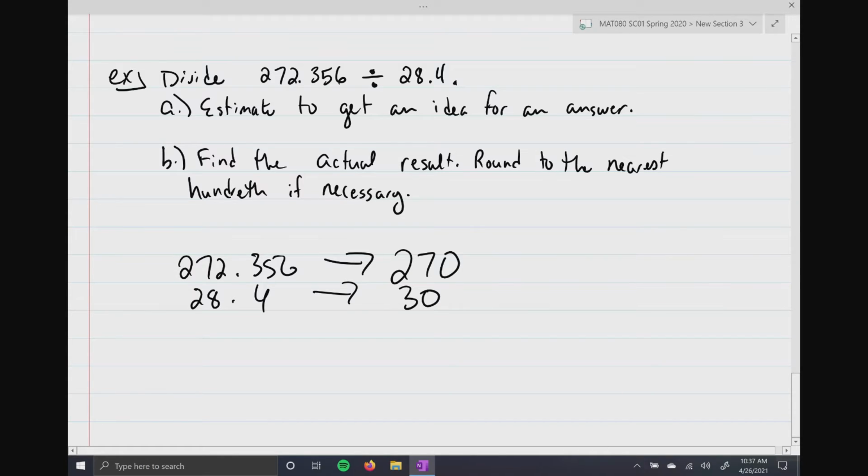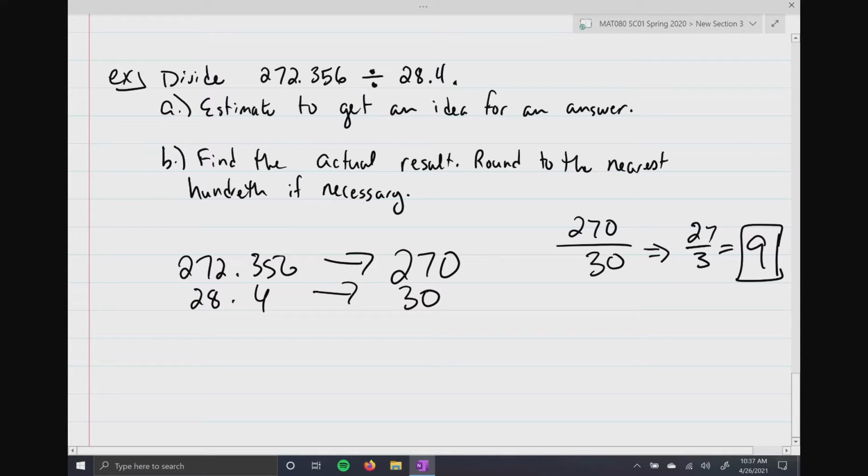So when I divide these two numbers, well, oh, why did I put a 0 there? 270 divided by 30. I wrote it as a fraction because they both ended in a 0, which means I can just cancel out the zeros. 27 divided by 3 is 9.